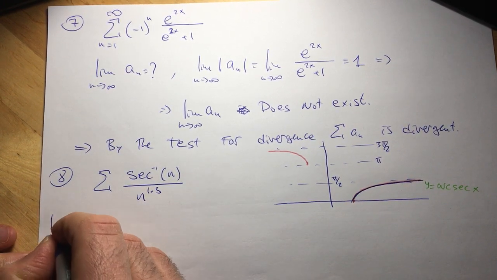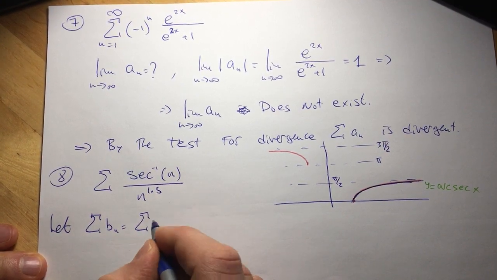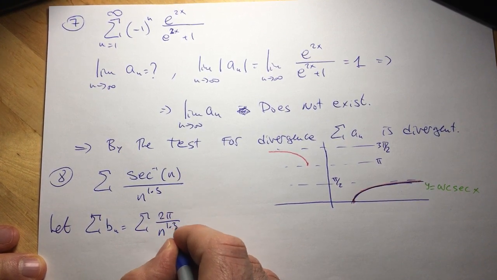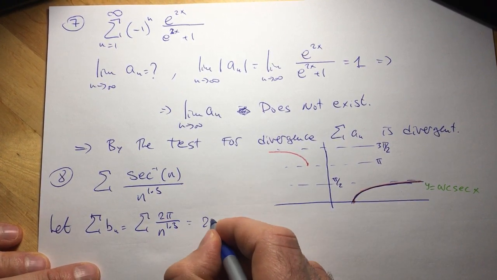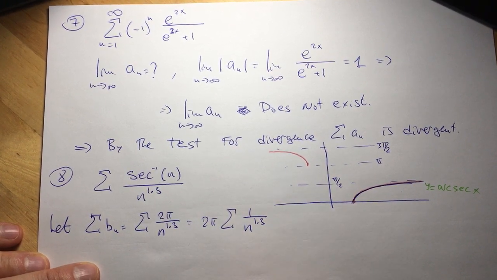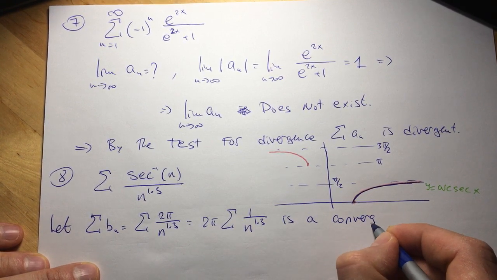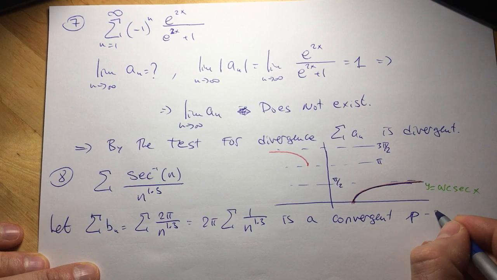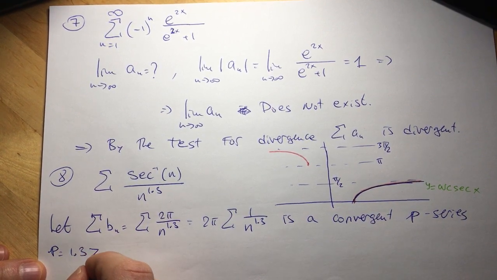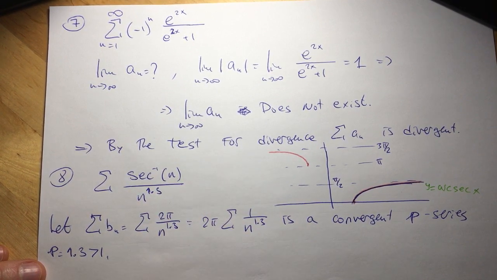Okay? So let my Bn sequence be 2 pi over n to the power 1 over 3, which is 2 pi times 1 over n to the power 1 over 3. As a sum, this is a convergent p-series, where p is 1.3 and that's greater than 1. Okay?